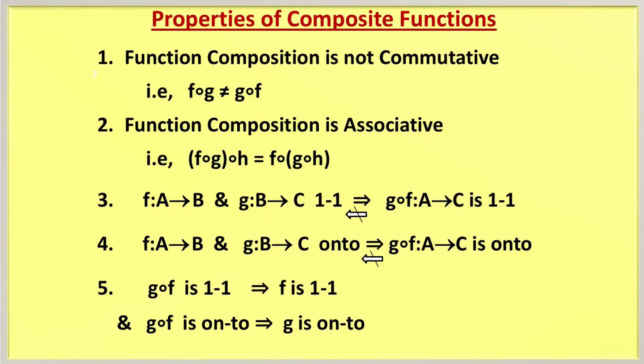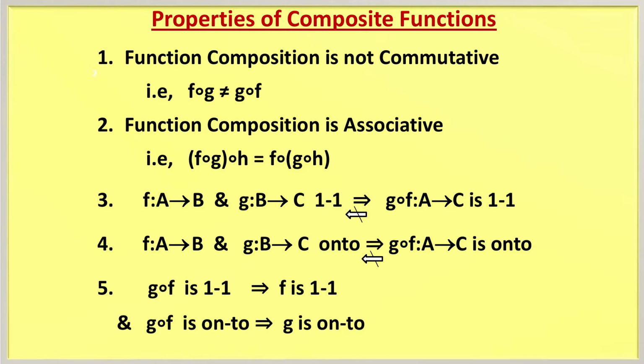These are some properties of composite functions. First, as we have just discussed, function composition is not commutative. Second, function composition is associative. Third, if f and g are one-one, then g composition f is also one-one.